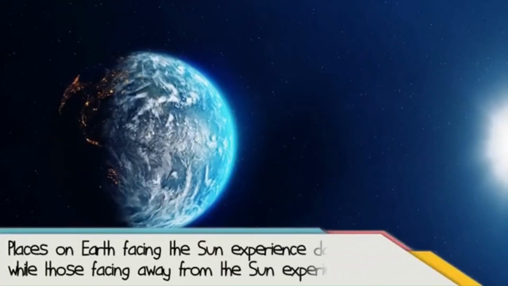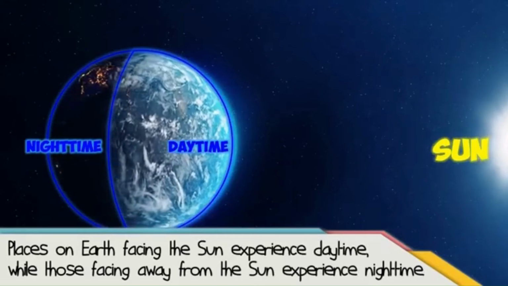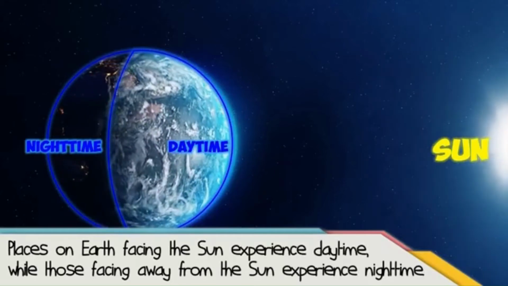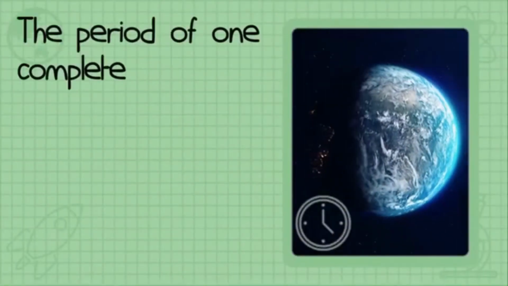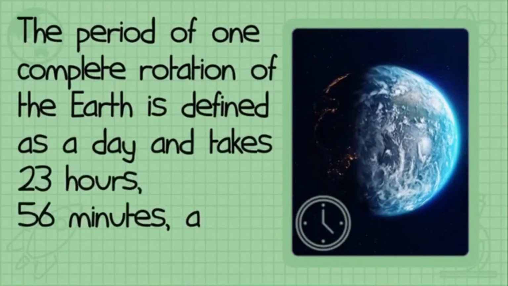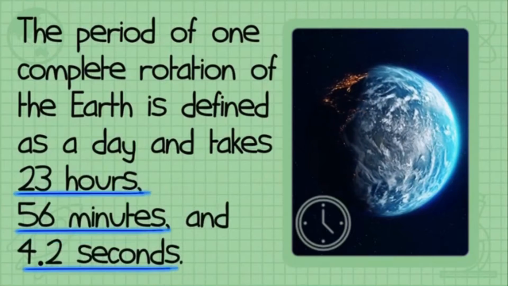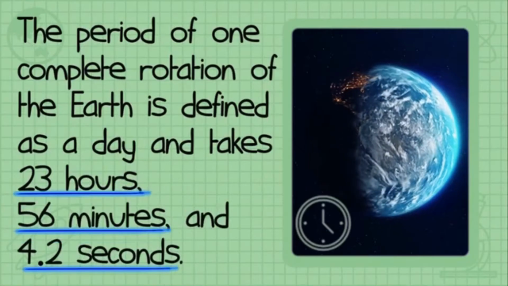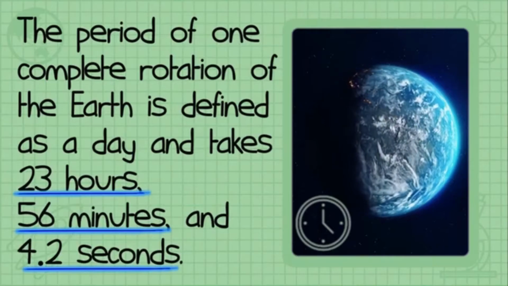Places facing the sun experience daytime, while those facing away from the sun experience nighttime. The period of one complete rotation of the Earth is defined as a day, and it takes 23 hours, 56 minutes, and 4.2 seconds to be exact.